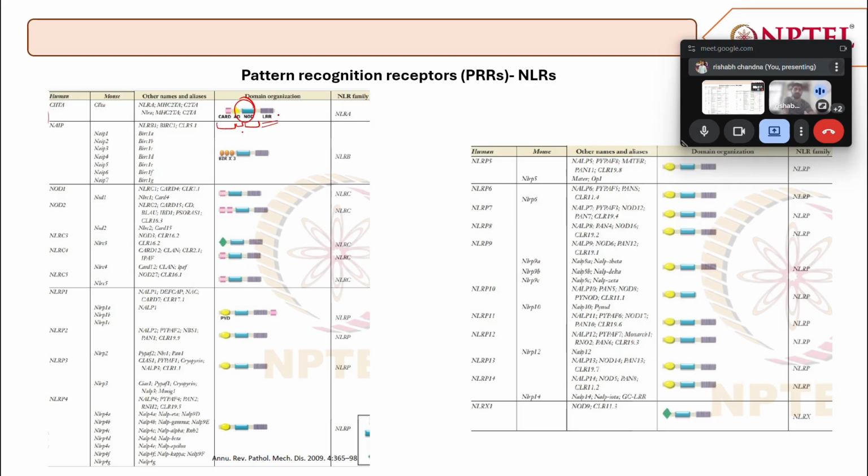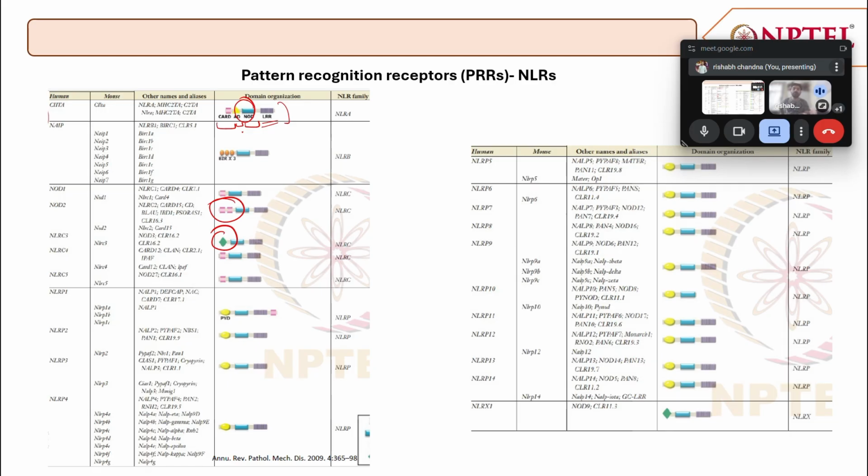These domains are typically present in all NLRs, but some of the domains can be extra. For example, in NOD1 there are two CARD domains. And in some locations there can be either a CARD domain or an extra NOD domain present. So this is how there are different structures of different NLRs present in the body.